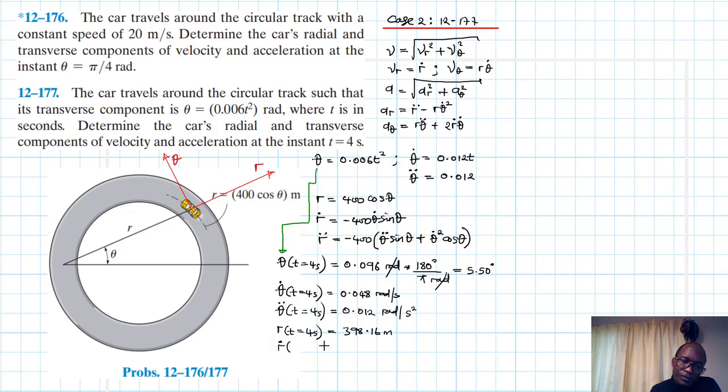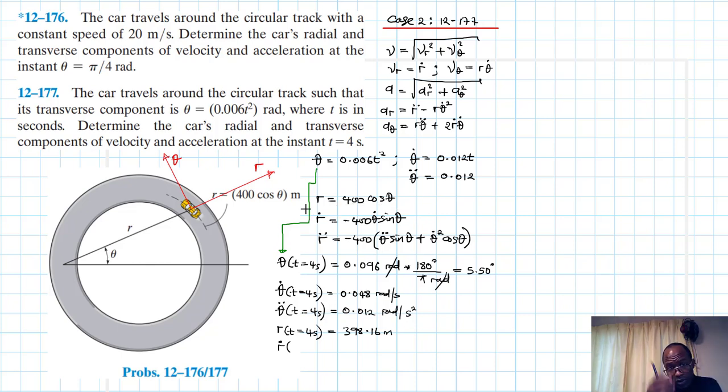r dot, this is our radial velocity, right? So this, of course, we are using this equation here.